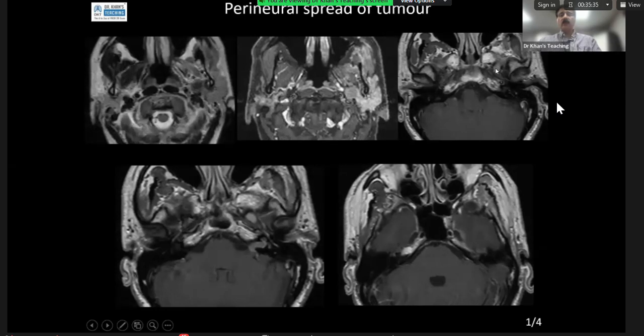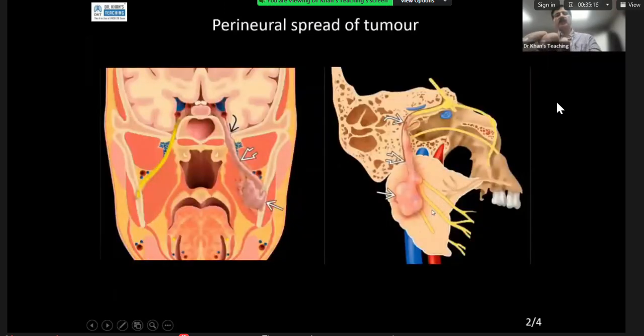If you look carefully, classically for head and neck, you should have a fat saturated sequence. It is not fat saturated, but what is happening is that there is perineural spread into the foramen ovale, which is going here, but not going more proximally. So if you see this picture, it tells you everything.